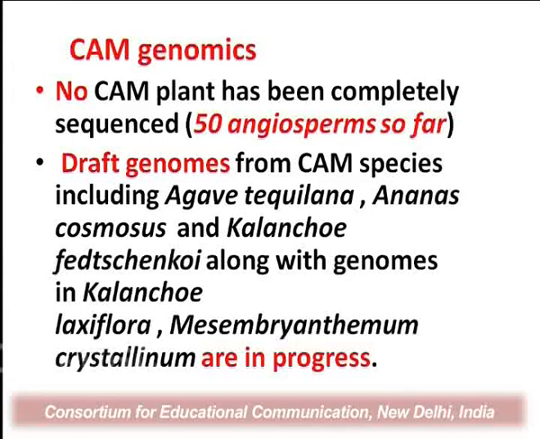And surprisingly, no CAM plant has been completely sequenced, although the dwarf genomes of some CAM species are now available: agave, ananas, kalenko, and the most important of them is Mesembryanthemum crystallinum, and they are in progress. Now, it is very important for us to determine how these key genes involved in photosynthesis and other genes important to the CAM cycle vary between CAM, C3 and C4.